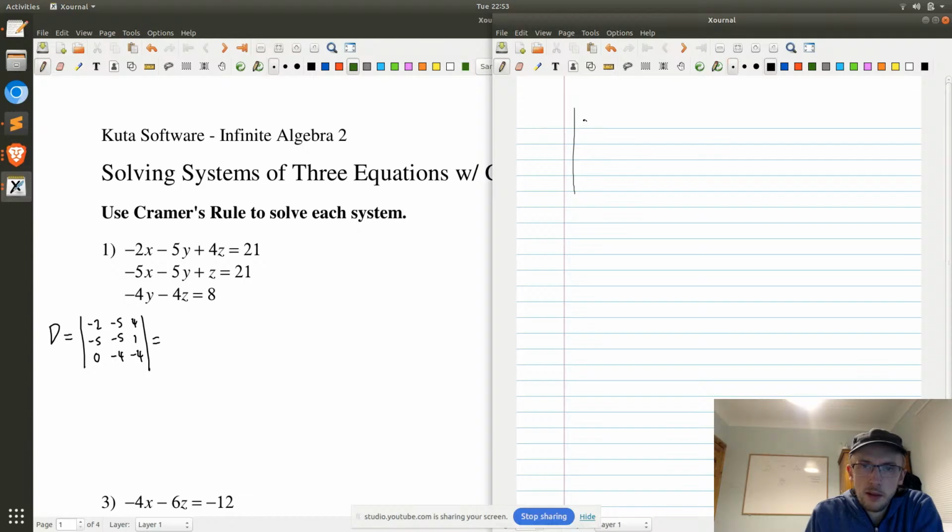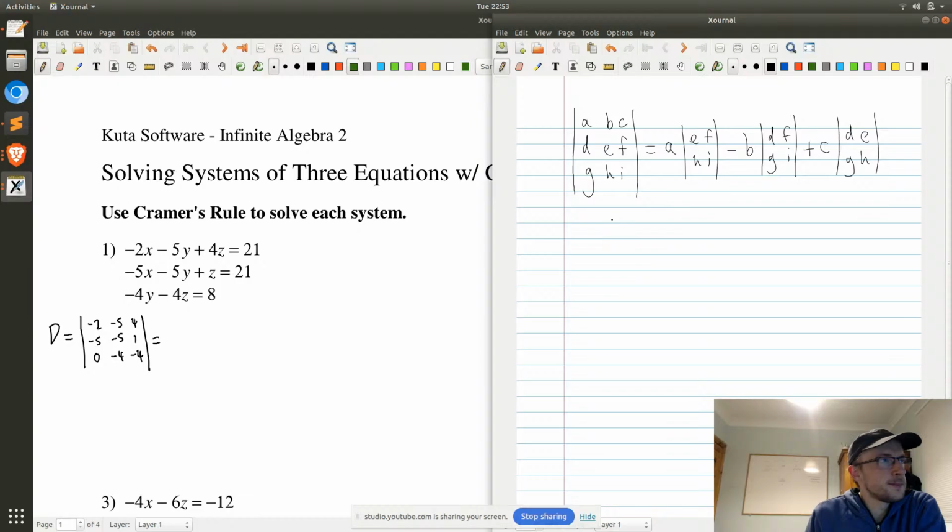Okay, so for a 3 by 3 matrix, the determinant is something like this. Take plus. Right?